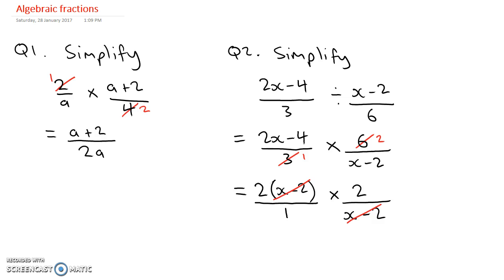And our final step, like the previous question, is just to multiply the two numerators and multiply the two denominators. So the two numerators will get 2 times 2, which gives us 4. And our two denominators gives us 1 times 1. So 4 over 1, which we can just leave as 4.